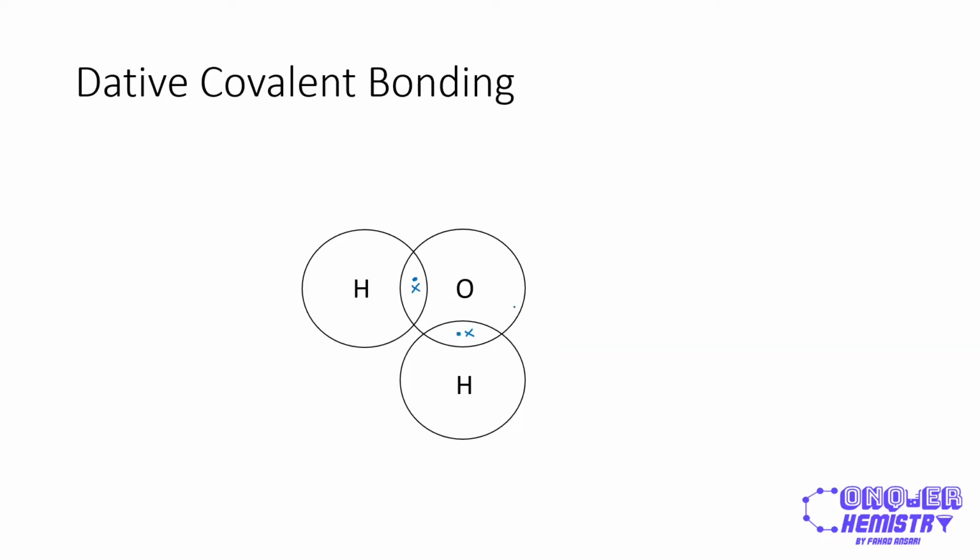And we know that oxygen is in group 16, so it has 6 valence electrons. So if two of those electrons are used in bonding, you have the remaining 4 as lone pairs, right? So this over here is a bond pair, and over here we have a lone pair.